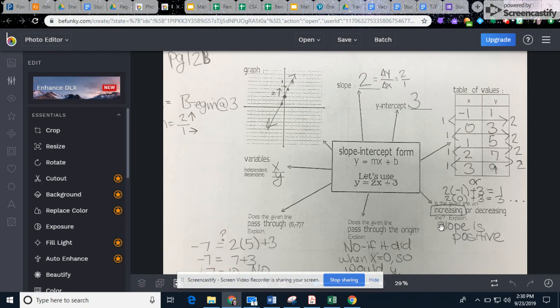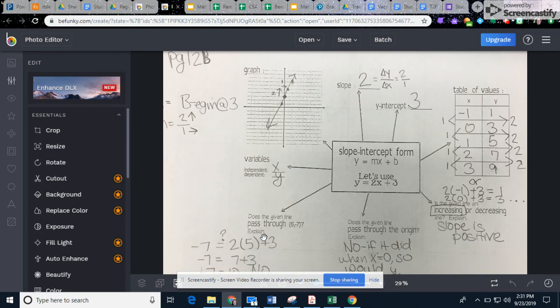That means it's an increasing line. Does the given line pass through the origin? Explain. I said no. If it did, when x equals 0, so would y. So the origin is the point 0, 0. So if you look at the table, when the x was 0, the y was 3. Therefore, it will not go through the origin.